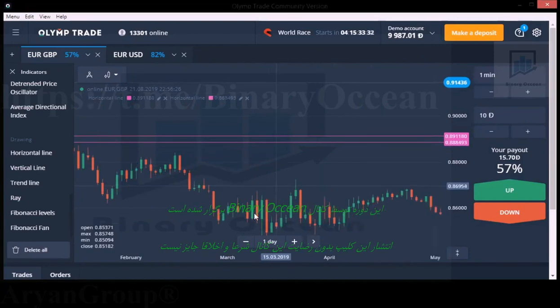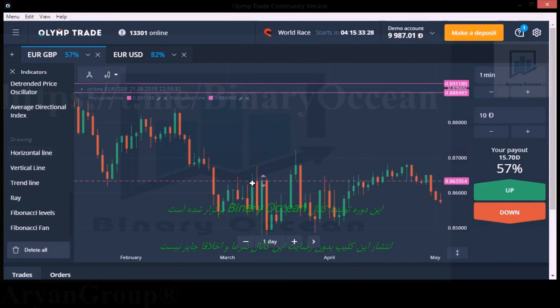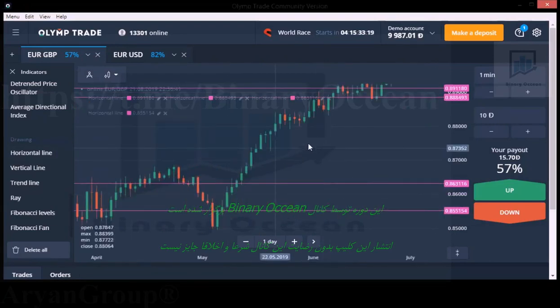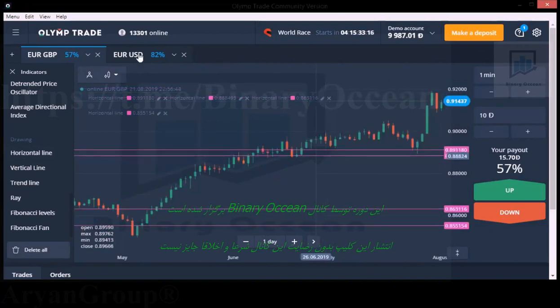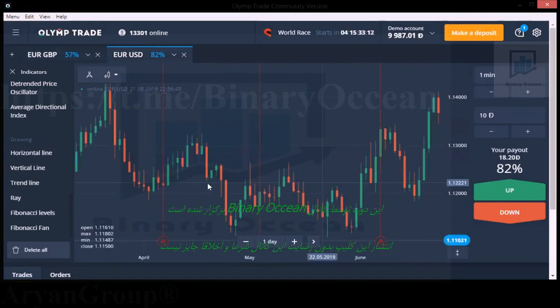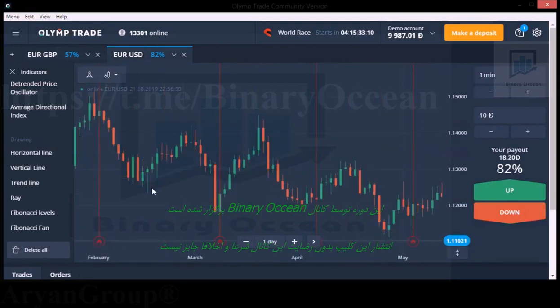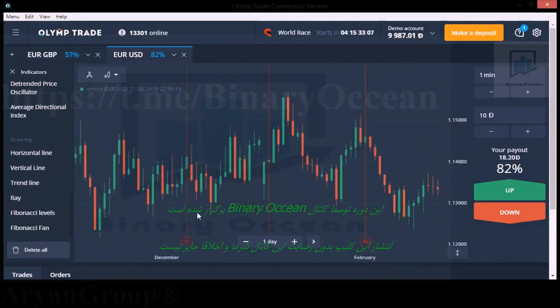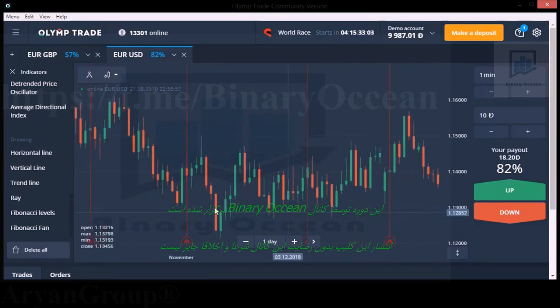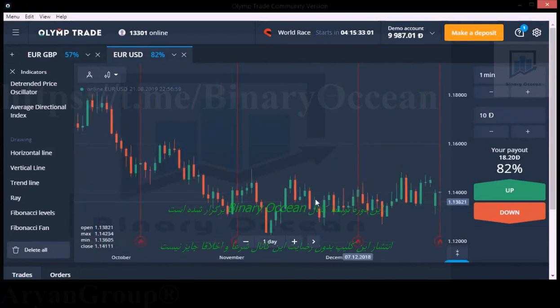And here also there is a consolidation area. Okay, I'll show you. Okay, here also there is a consolidation area.